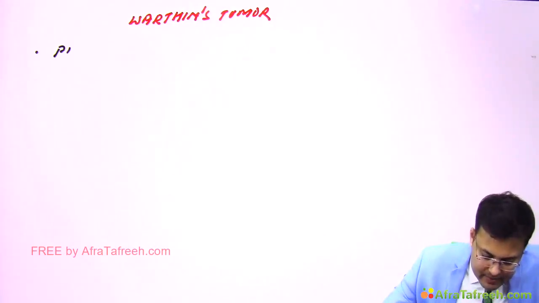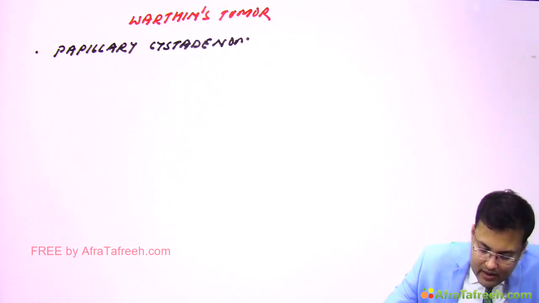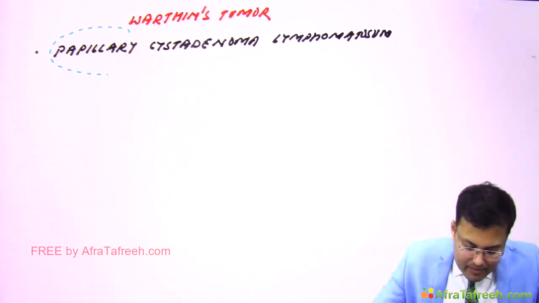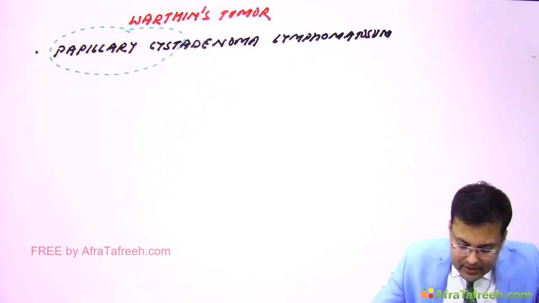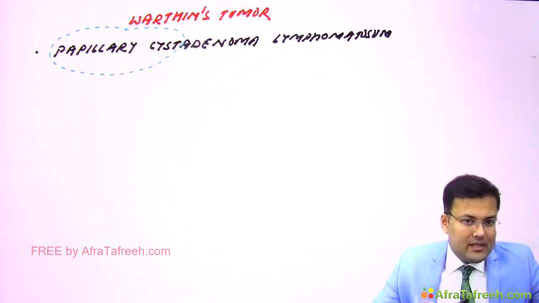So see the first name. It is known as papillary cystadenoma lymphomatosum. Clear? So just break the term. Here you can see that this tumor is having a papillary cystic pattern. Papillary cystadenoma. So there is a papillary cystic pattern.